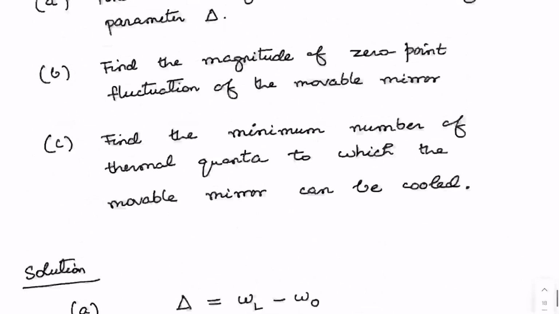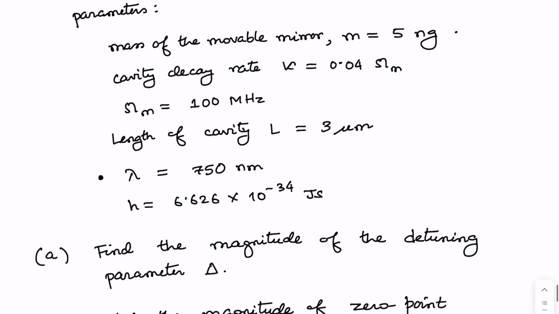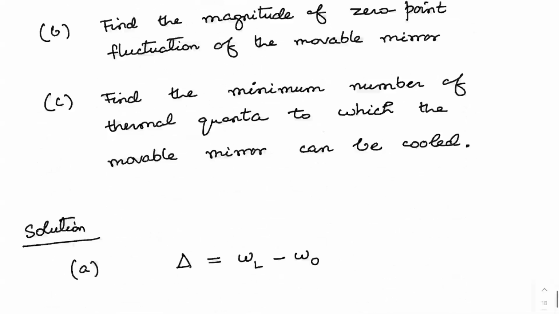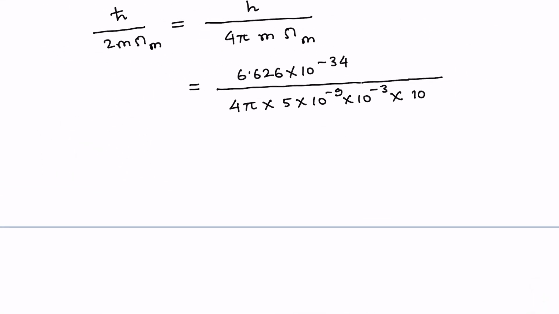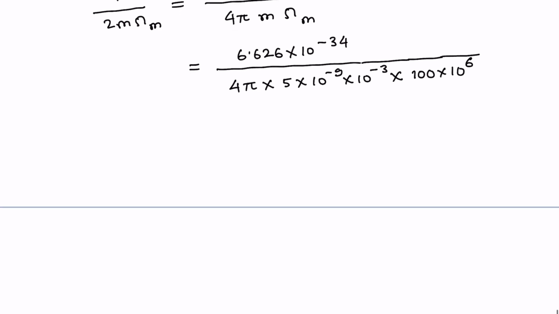So let us confirm once again. Yes, you are given omega m to be 100 megahertz. So therefore you have to write here 100 into 10 to the power 6. So this way, if you do the maths here, you are going to get it to be 6.626 divided by 62.8 into 10 to the power minus 30.